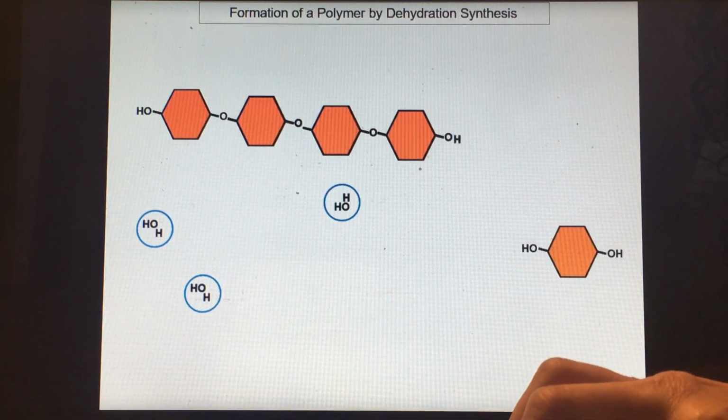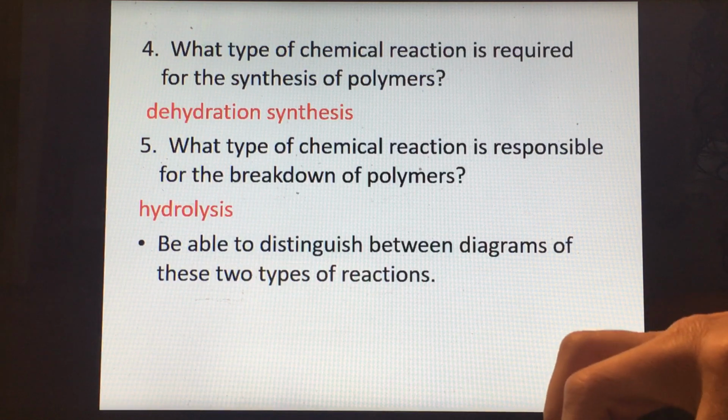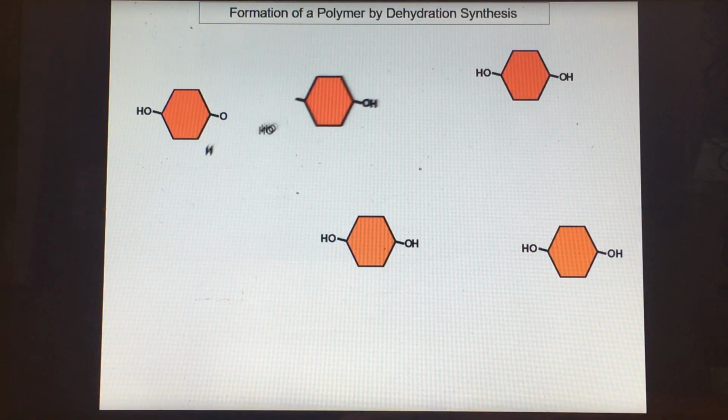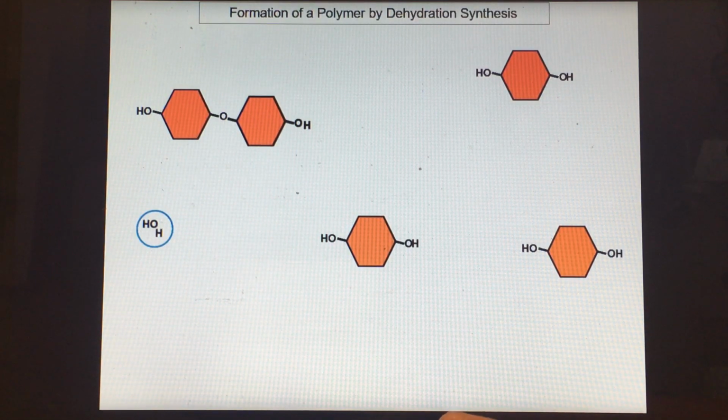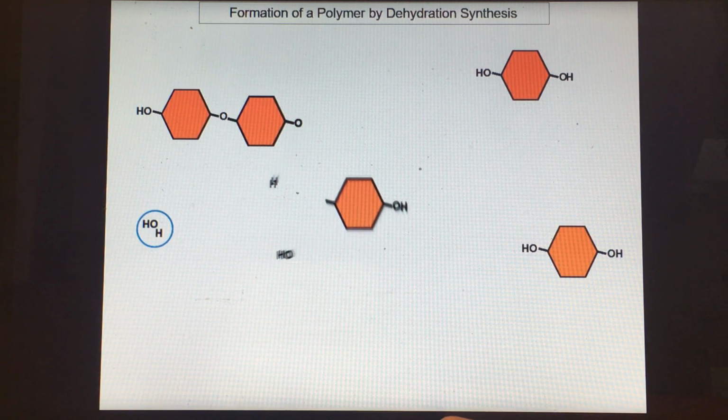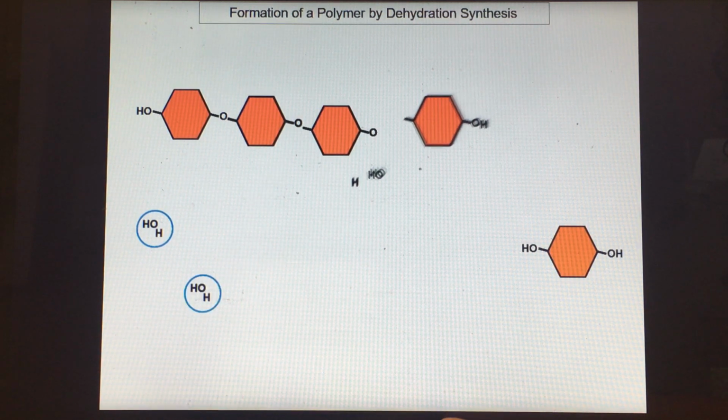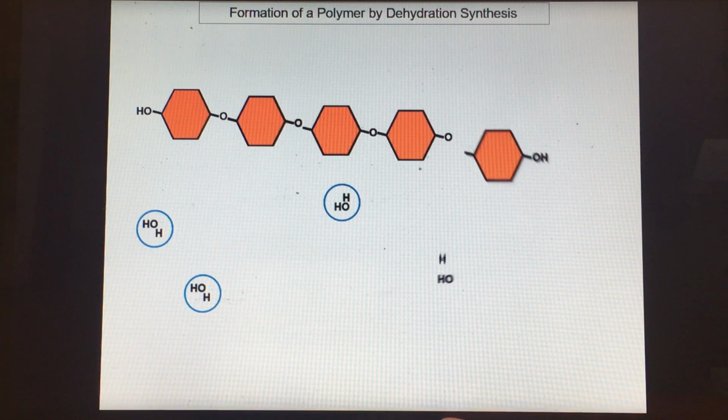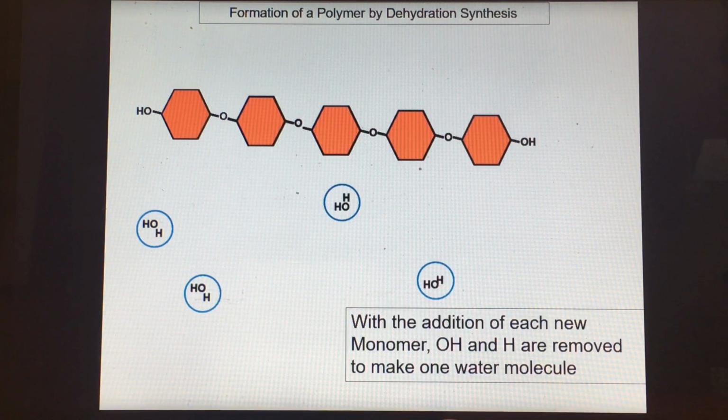If we go back to the beginning, we go from two monosaccharides to a disaccharide, and now we would have a polysaccharide. Remember that the prefix mono means one, di means two, and poly means many.